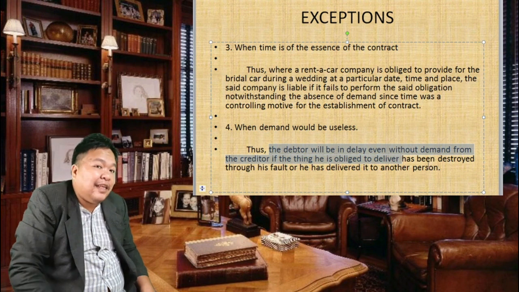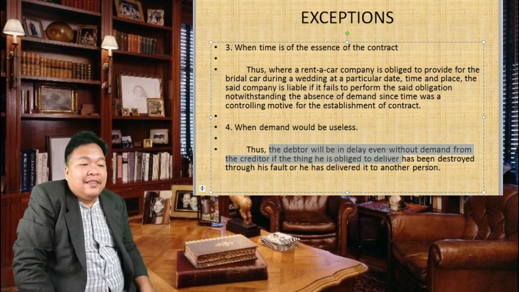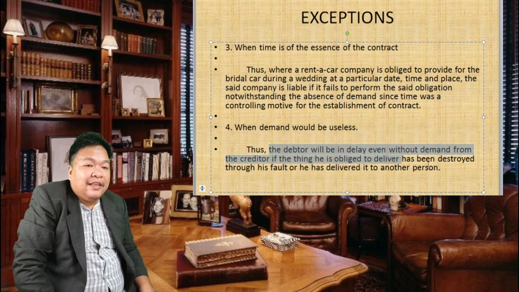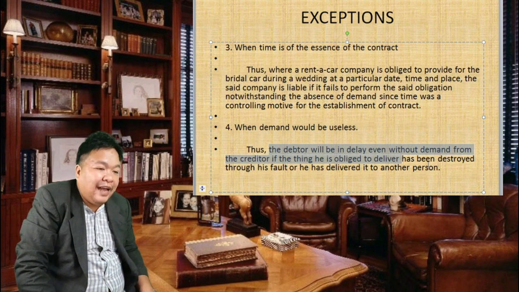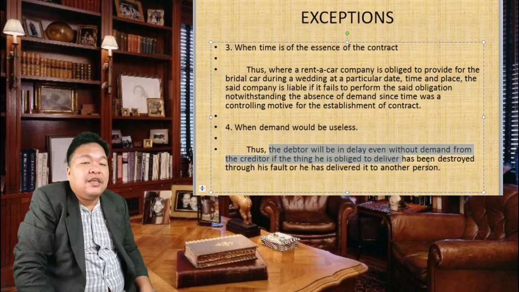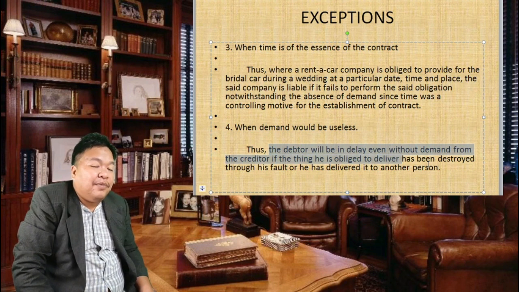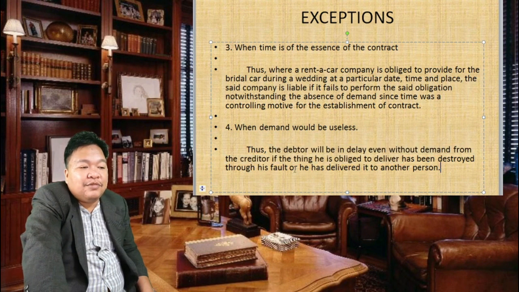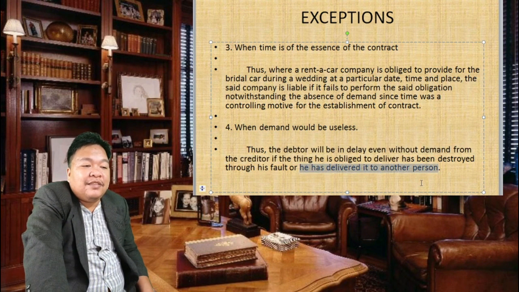Example guys sa Lazada, bayad na yung parcel. Now, you will just deliver it. However, if because of your negligence or kapabayaan, na destroy yung order, then even without demand, you are liable. Ito guys ha, uso to ha, he has delivered it to another person. Okay?